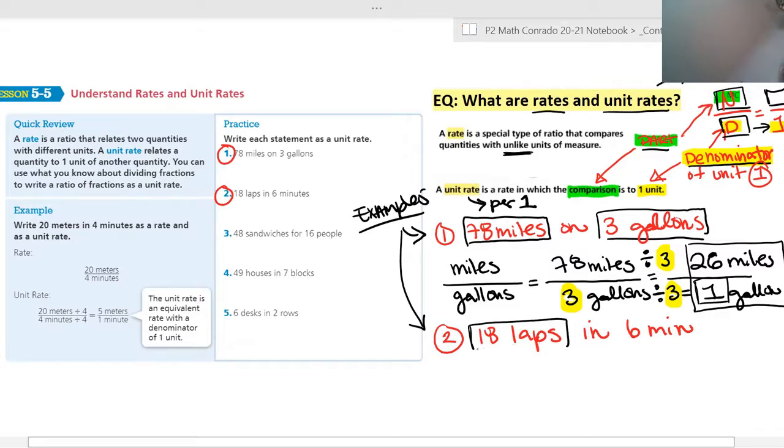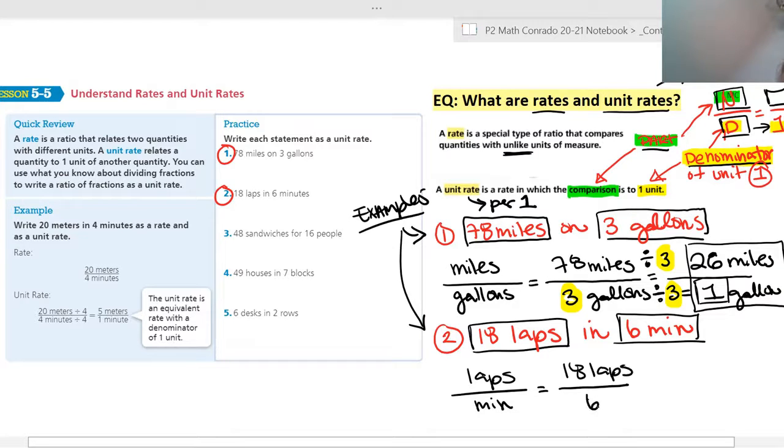Let's move on to example number 2. We have 18 laps in 6 minutes. So we're comparing laps to minutes. So let's compare 18 laps to 6 minutes and figure out, how many laps could we run in just 1 minute? Because this is our unit rate.